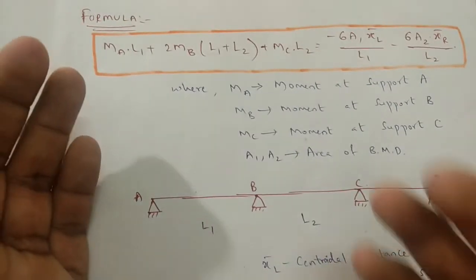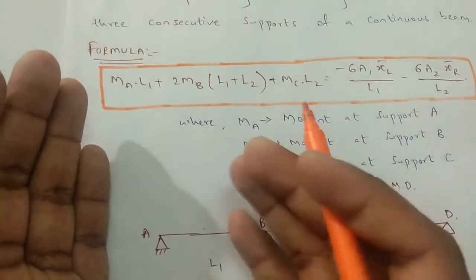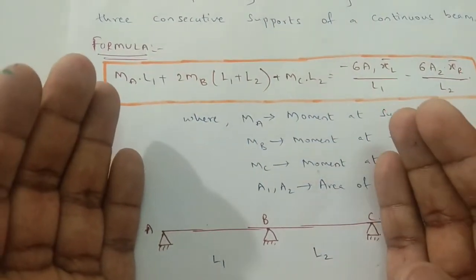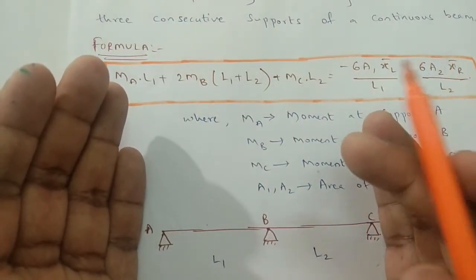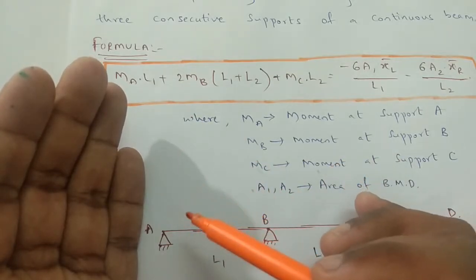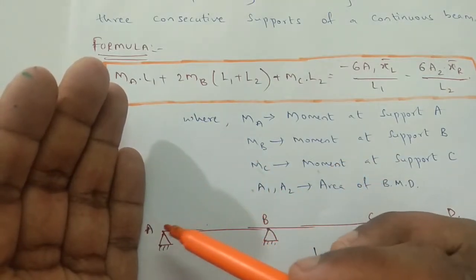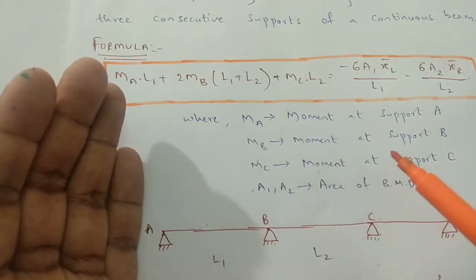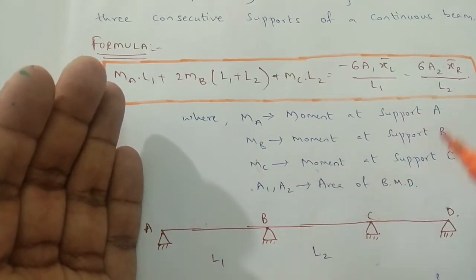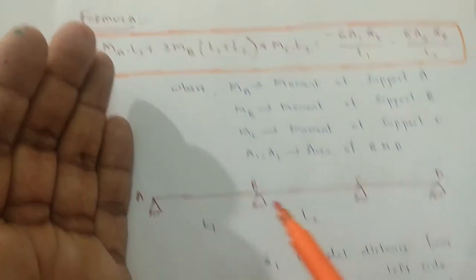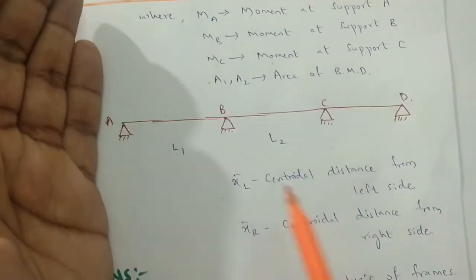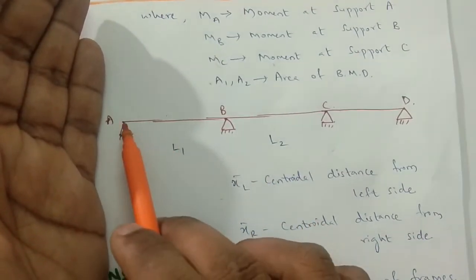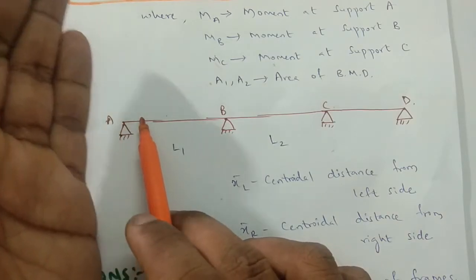Suppose from this continuous beam you are taking these three supports A, B, C. Due to the external loads on these beams, you first draw the free bending moment diagram due to UDL or any point load. After drawing the bending moment diagram, you have to take the centroid of the bending moment diagram.